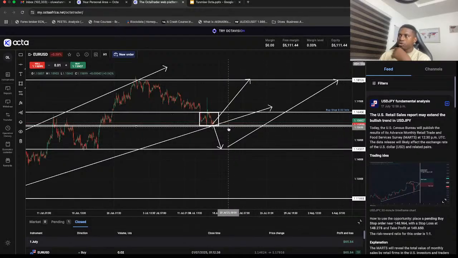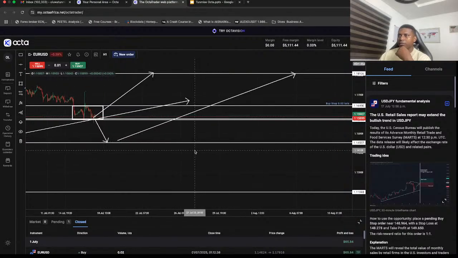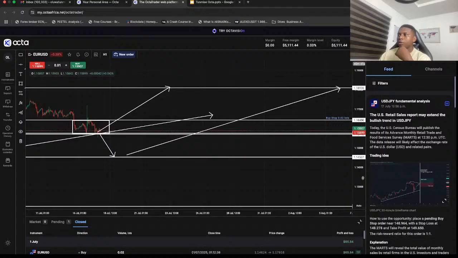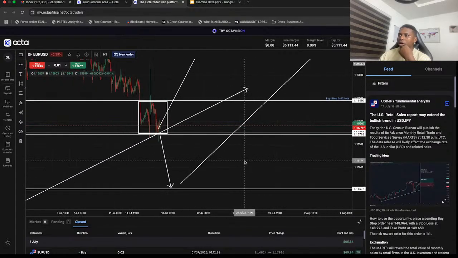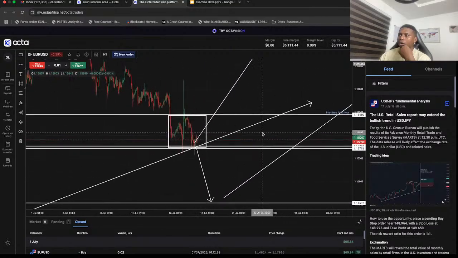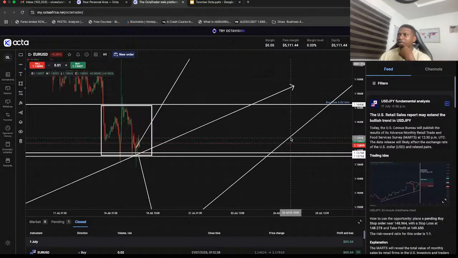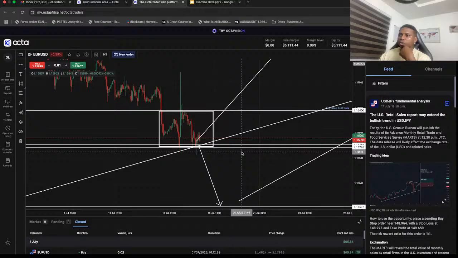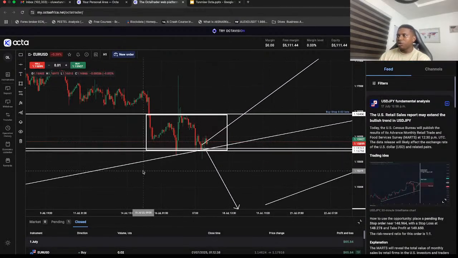Now I want to set the sell stop order. Don't forget, I'm willing to buy if the market is going up, and I'm also willing to sell if the market is going down. So I have to position for either of it.